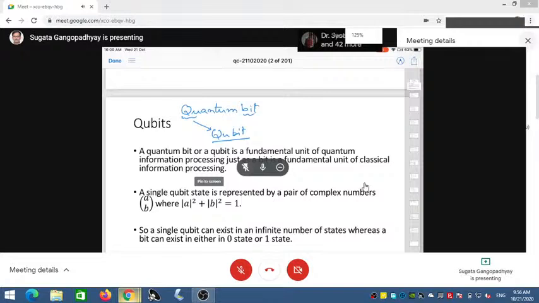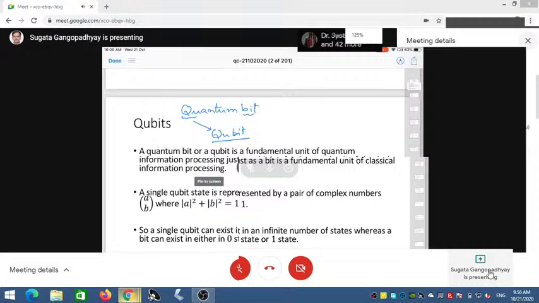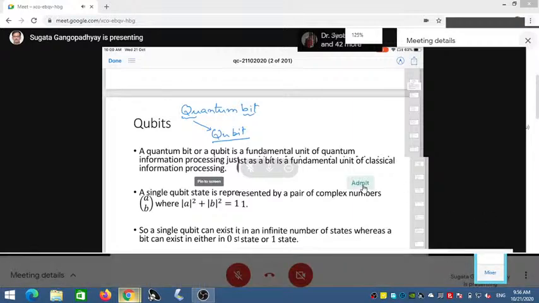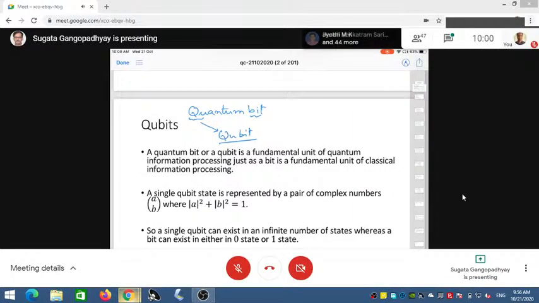In the same way, I can say a qubit is a quantum system that can exist in certain states, and a state of a qubit is represented by a pair of complex numbers whose modular squares sum to 1.